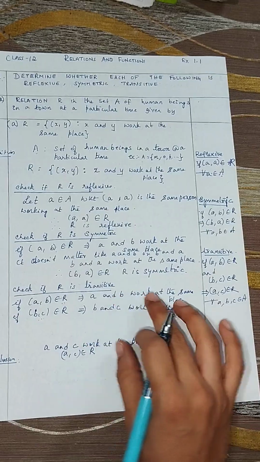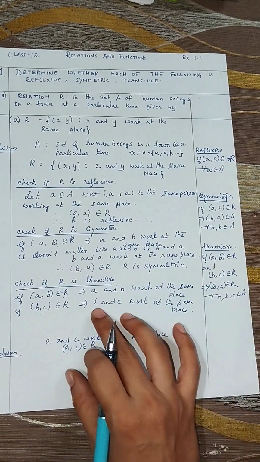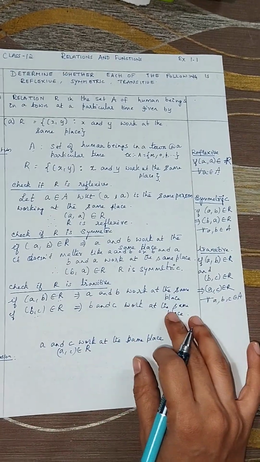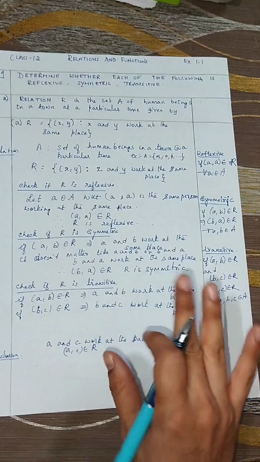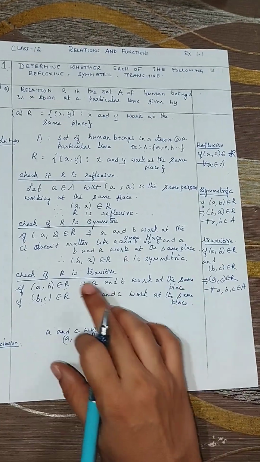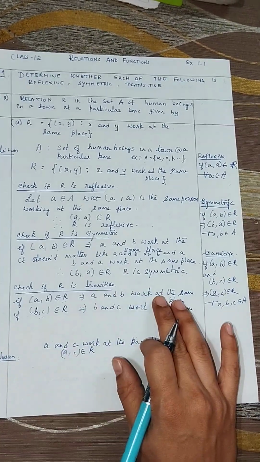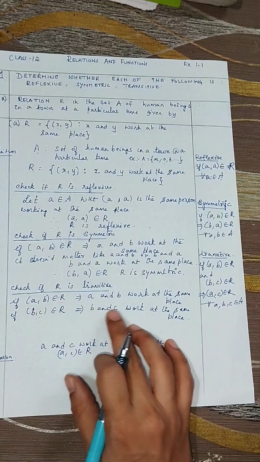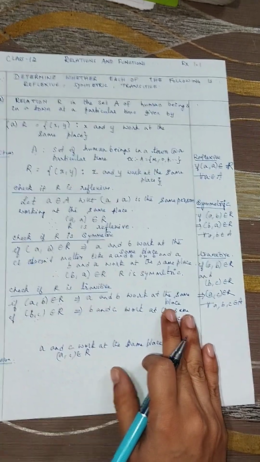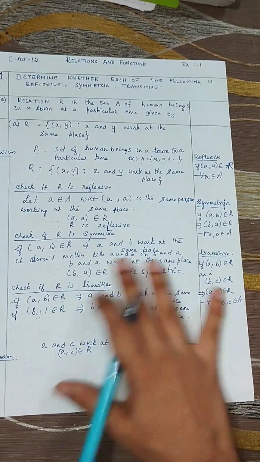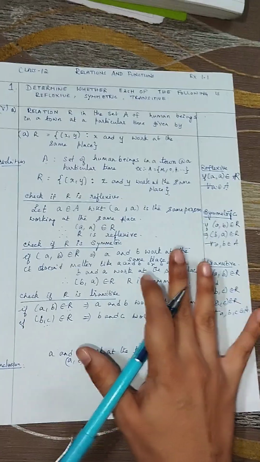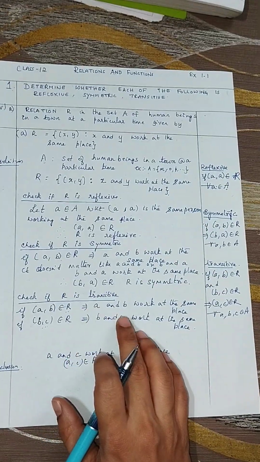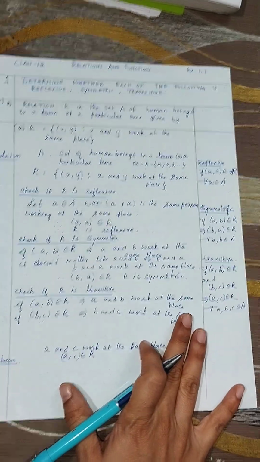If a and b work at the same place, and b and c work at the same place, it means that both a and c are also working at the same place. If Rani and Tony work at the same place, and Tony and Raju work at the same place, they're working at the same office or in some institution, then obviously Rani and Raju also work at the same institution, right?